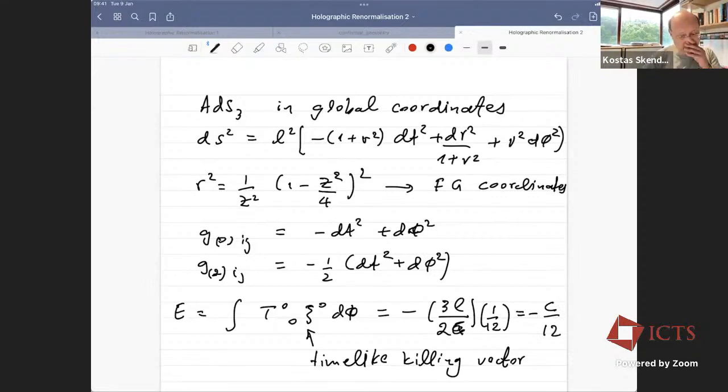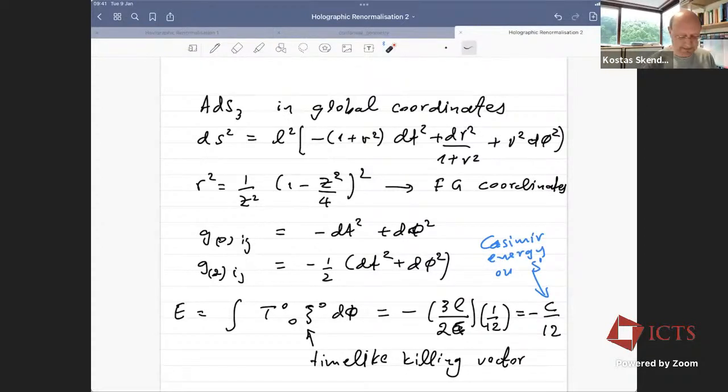And this is a well-known answer because this is the Casimir energy of a CFT on S1, and indeed it depends on the central charge of the theory. So that again confirms that this value here is the correct central charge for the dual CFT.